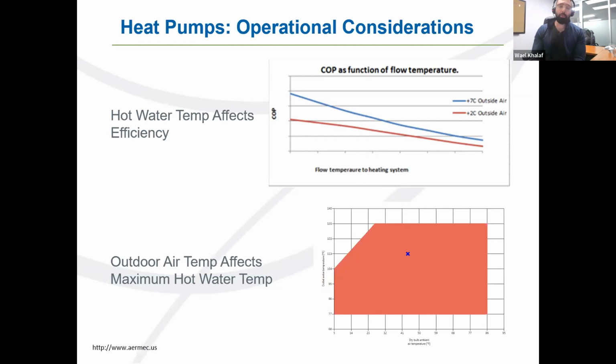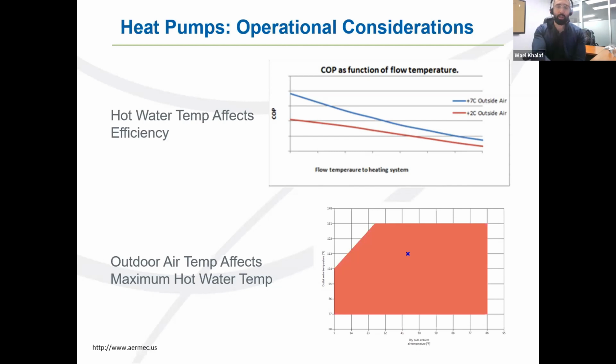So obviously, if you are in a climate where you have a lot of hours below that temperature, you will hit a proverbial wall in terms of how much dependency you can have on that particular heat pump.